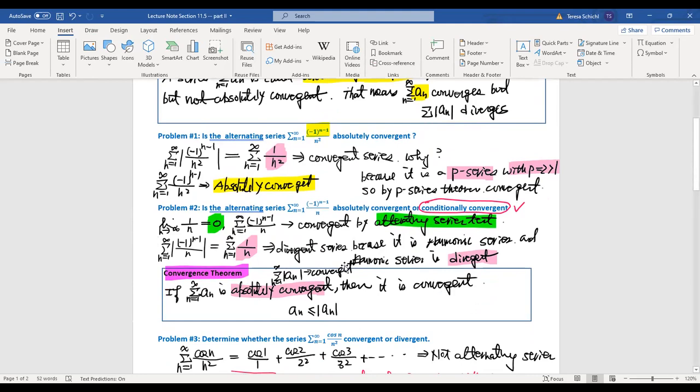That's it for the alternating series. I like it very much because it's easy to determine whether the series is convergent or divergent, and absolute convergence is very helpful. Sometimes, if you have positive and negative numbers, even if it's not alternating, you can use absolute convergence to guarantee the series is convergent.